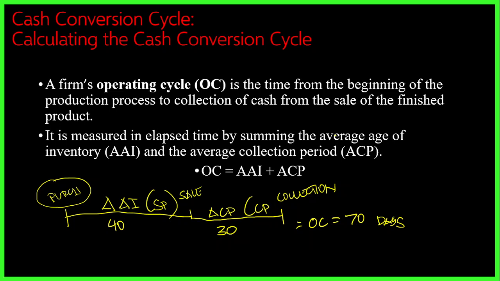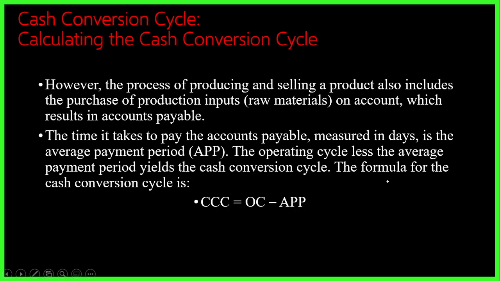Unlike collection, where you only collect in cash. Take note, we're trying to compute your cash conversion cycle. The time it takes to pay the accounts payable, measured in days, is the average payment period.